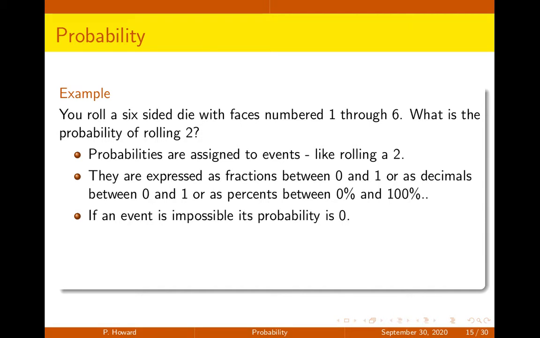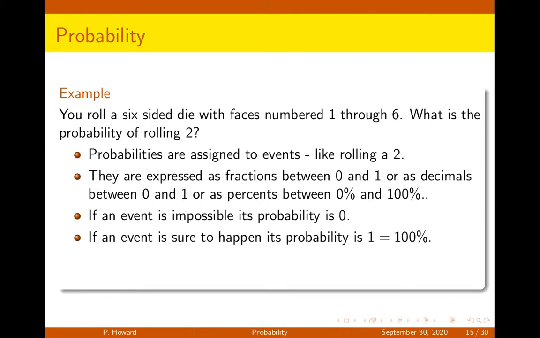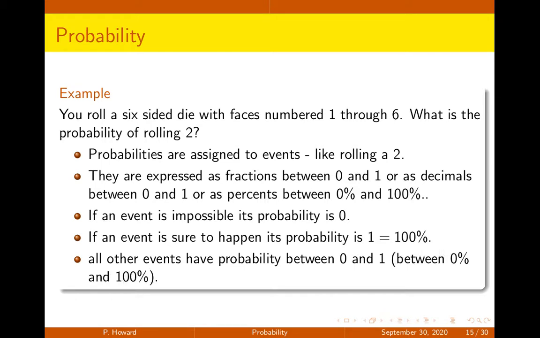If an event is impossible, its probability is 0. If it's sure to happen, its probability is 1, or 100%. And all other events have probability somewhere between 0 and 1, or between 0% and 100%.